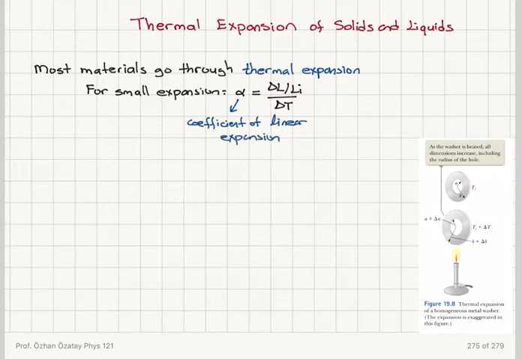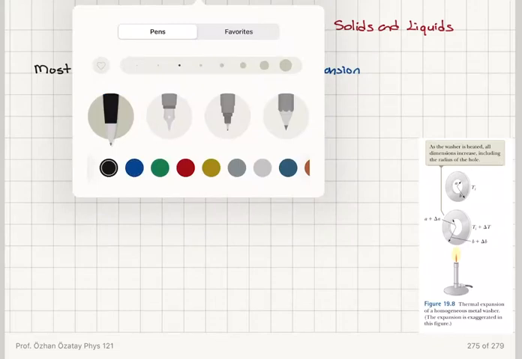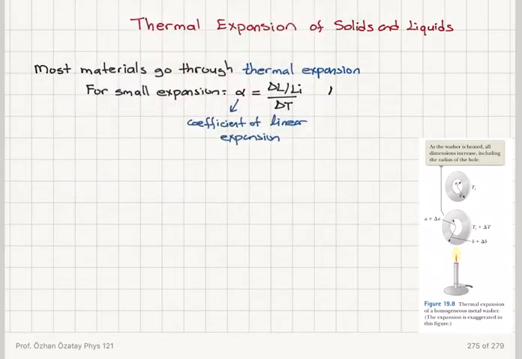and with this definition we have the change in the length of a material is equal to alpha times the initial length times the change in temperature. So Li is initial length and delta T is change in temperature.